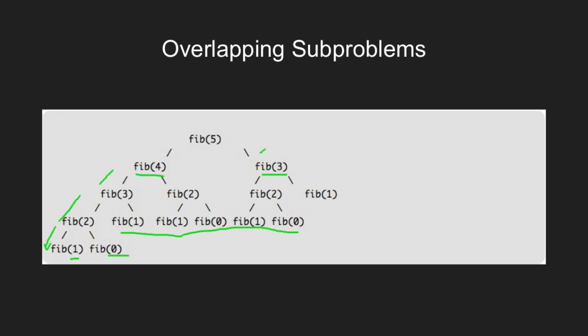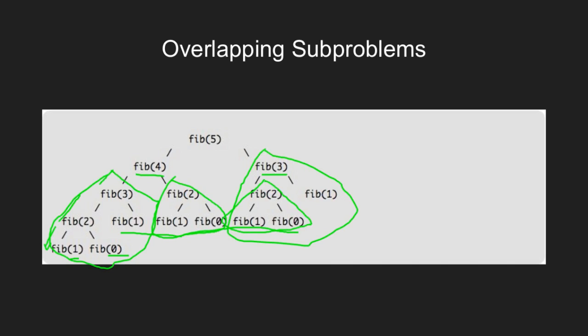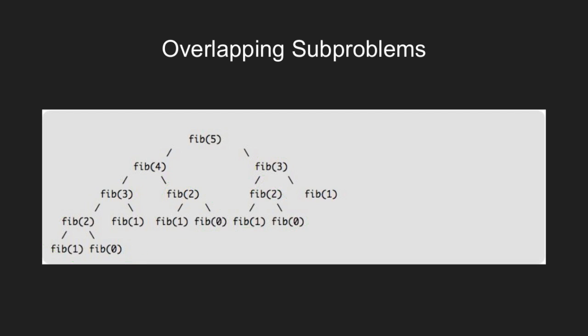For example, the right subtree of fib5 is same as the left subtree of fib4, and the right subtree of fib4 is same as the left subtree of fib3. This property is called the overlapping subproblem property. Clearly, we are doing a lot of unnecessary computation.